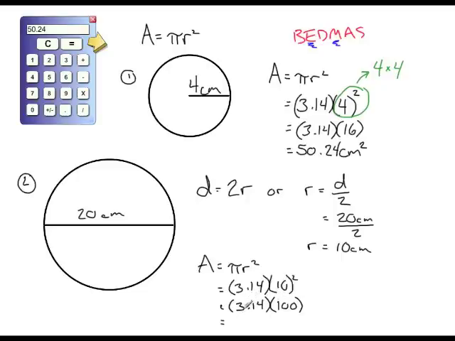We know that 3.14 times 100 is equal to 314. And once again, since this is a measurement unit, we need to put our units. So centimeters, and it's area, so squared. So the area of this second circle is 314 centimeters squared.